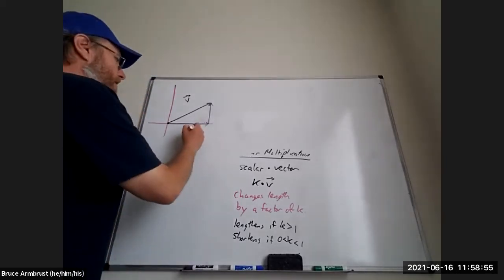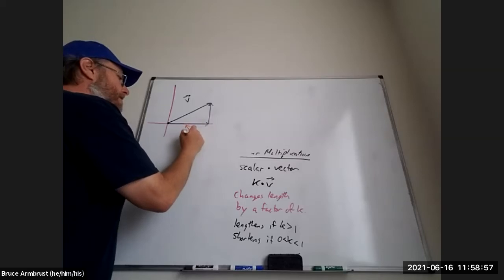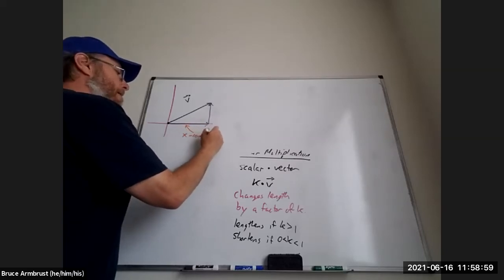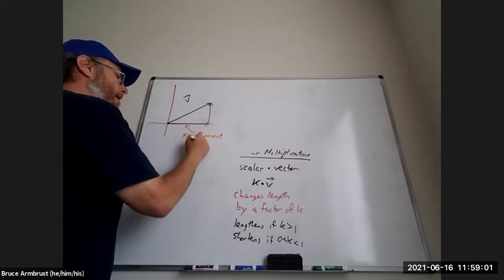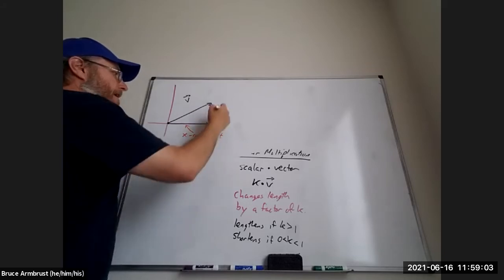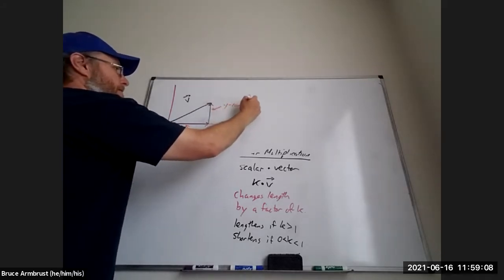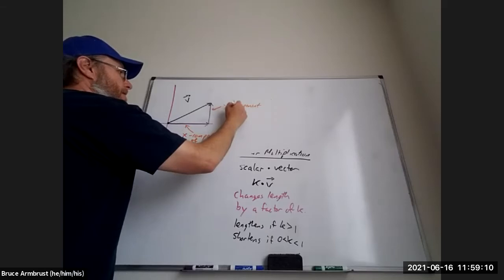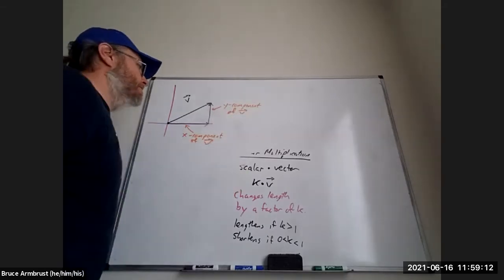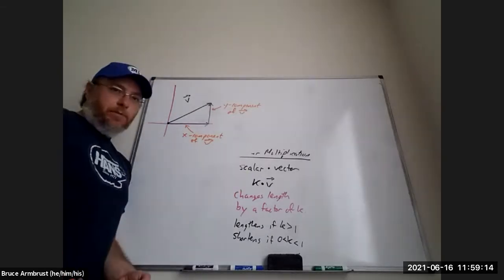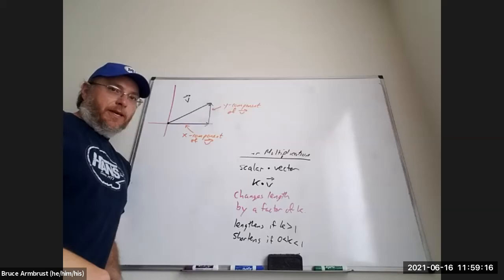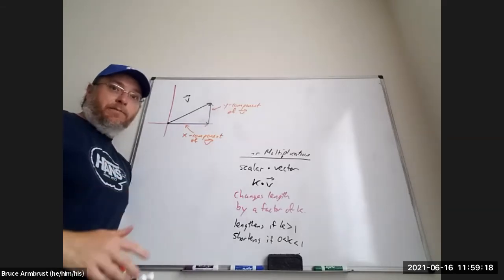This horizontal one is called the x component, and the vertical one is the y component. So every vector in the plane we can represent as the sum of the 2 components.